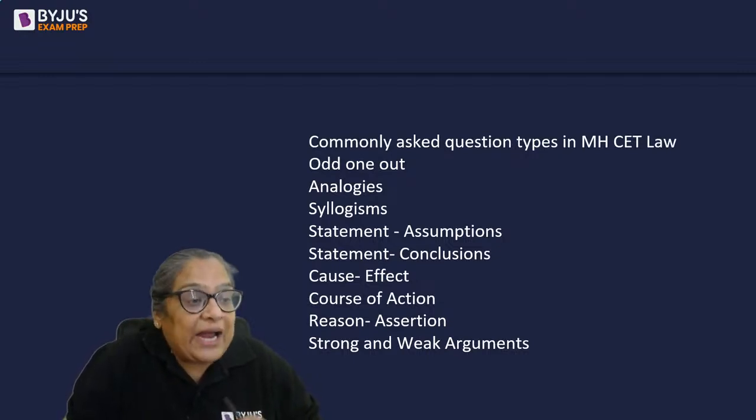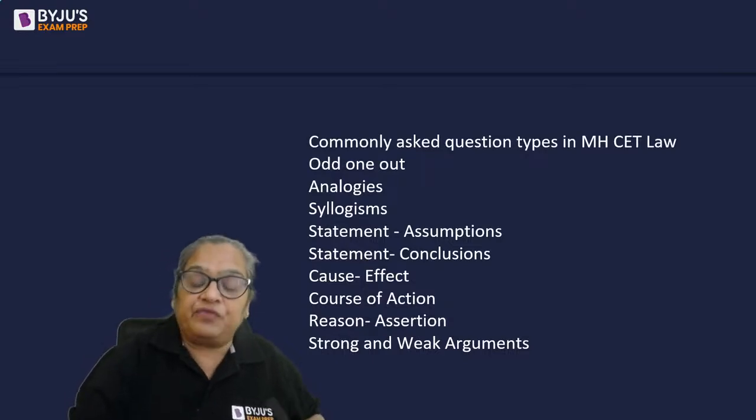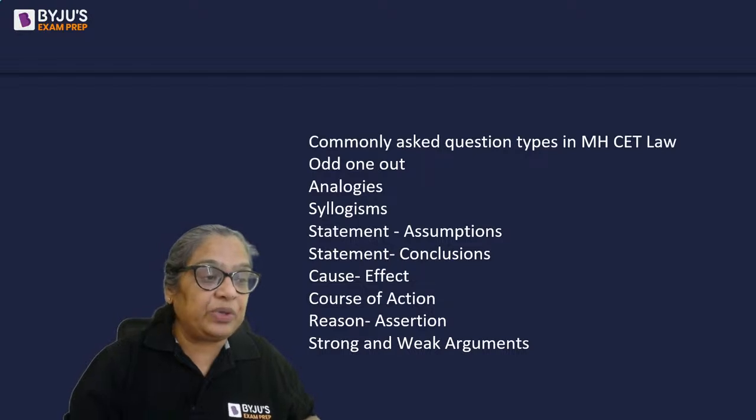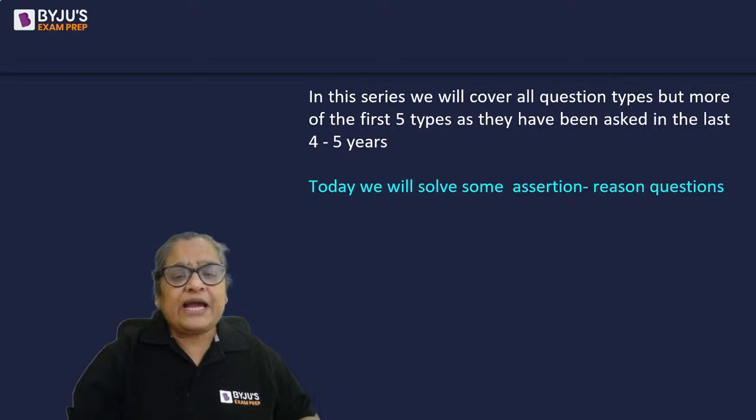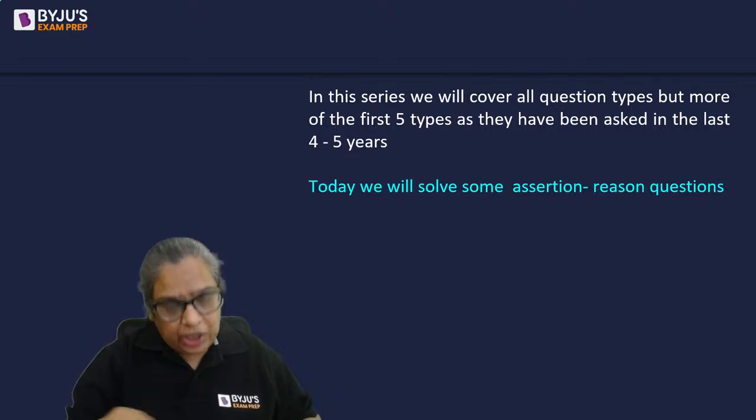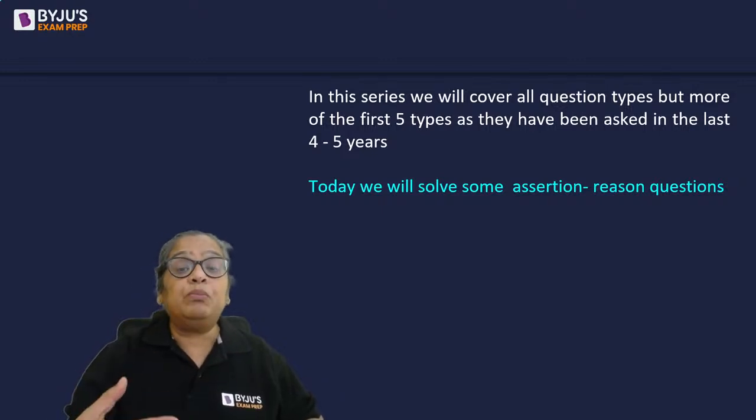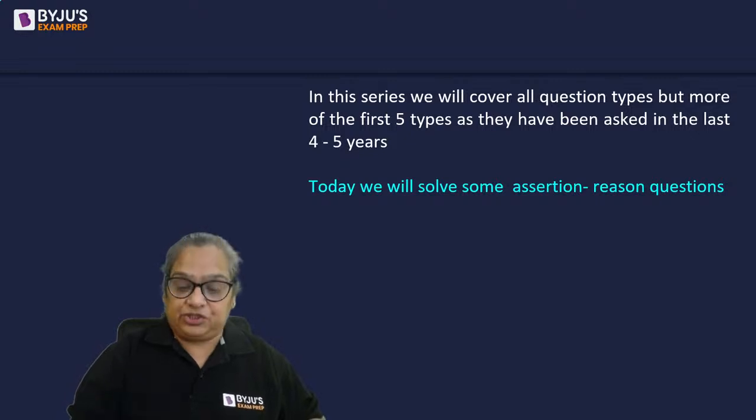Today, we're going to look at reason and assertion questions. We'll look at what they are and how you solve them. As I told you, in this series we'll cover all question types, including the most frequently asked questions.